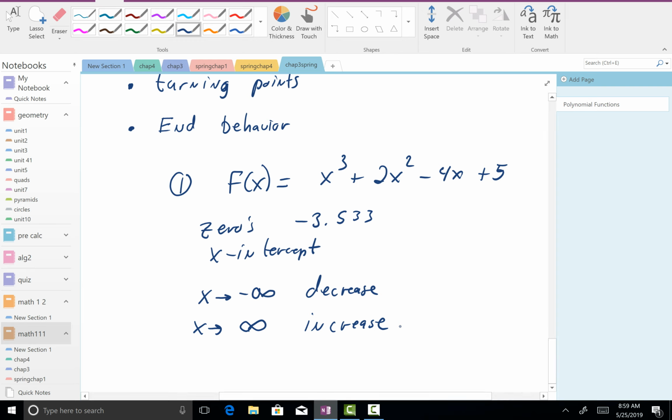Yes. But it's just asking you for how many there are, not what they are. Okay. So in this case, we'd have 1, 2 turning points. That's it. So we have 2 of them.